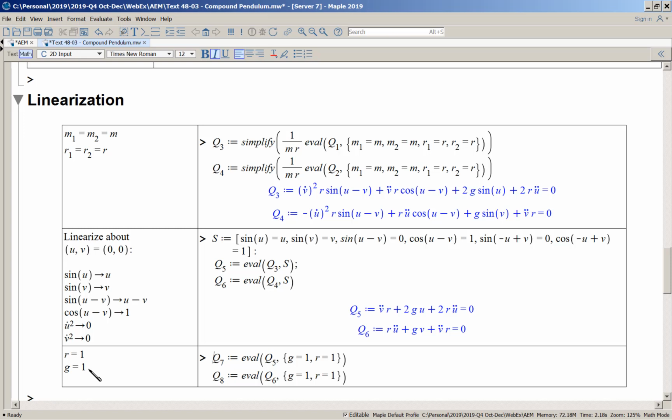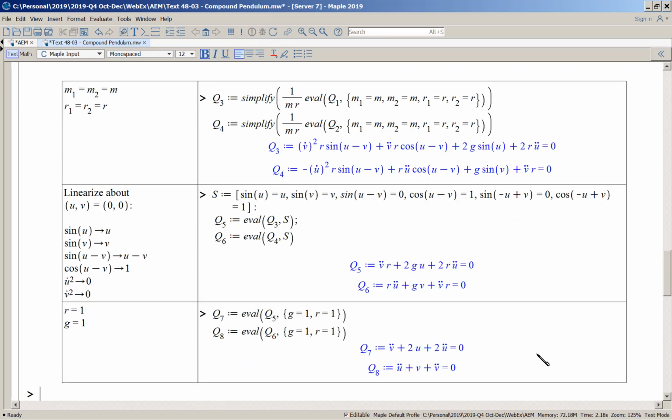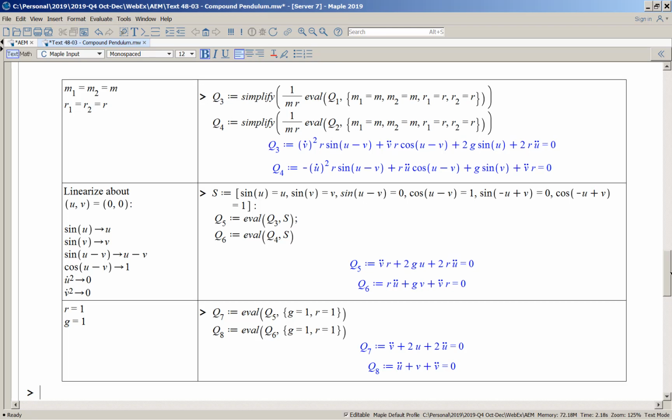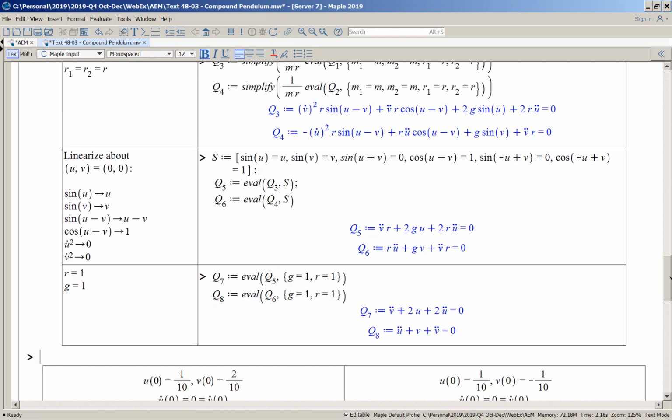Shift the time scale, move to another planet where g is 1. I only want qualitative information. So let's see what the equations look like. Now, this is about the simplest you can get the equations. They're second order, coupled, linear, constant coefficient. It's possible to solve those.